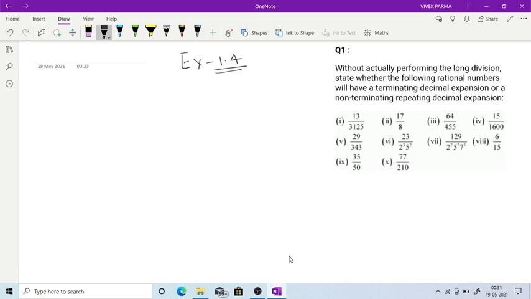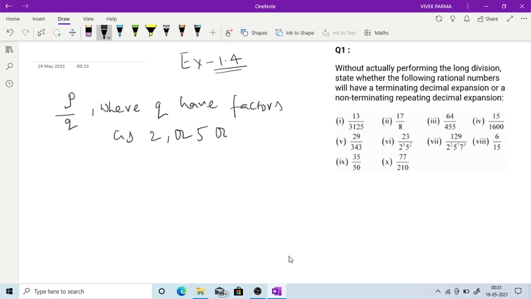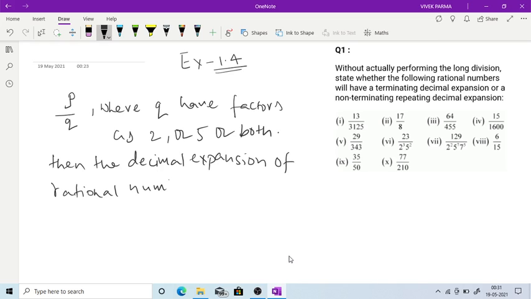So here, if we have any rational number of the form p upon q, right, where q has factors as 2 or 5 or both, then the decimal expansion of a rational number will be terminating, right?